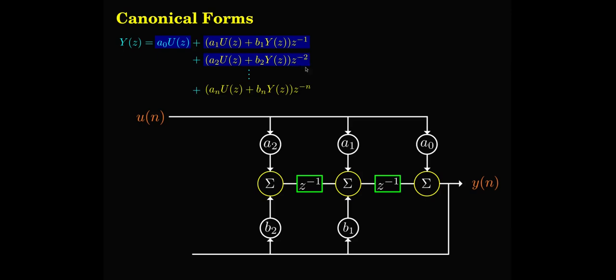So 2 delays. So likewise, the nth term, I'll take An uz, Bn yz, add them, pass through n delays. This is delay 1, delay 2, so on to the nth delay, z to the power of -n, and then output. So this is another way of looking at it.